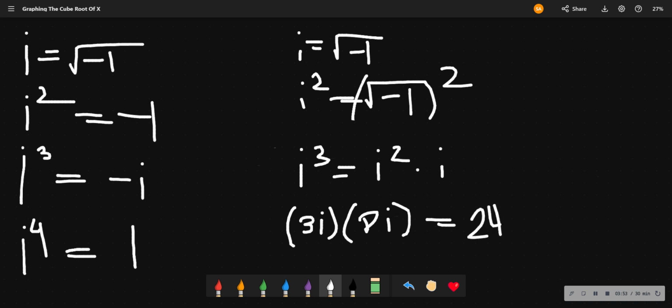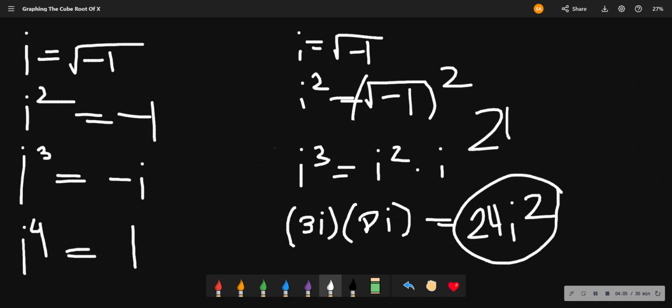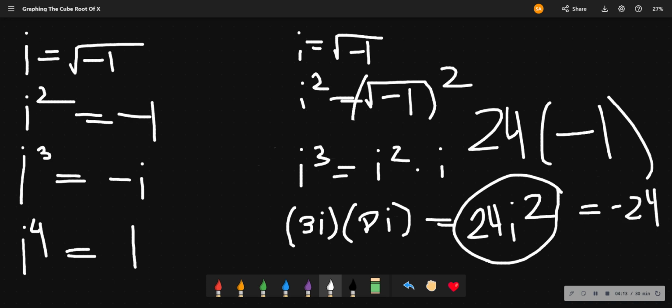What is i times i? i squared. So your answer is 24i squared. But wait. What is i squared? -1. So you're basically doing 24 times -1. And 24 times -1 is equal to -24. So the simplified answer is actually -24.